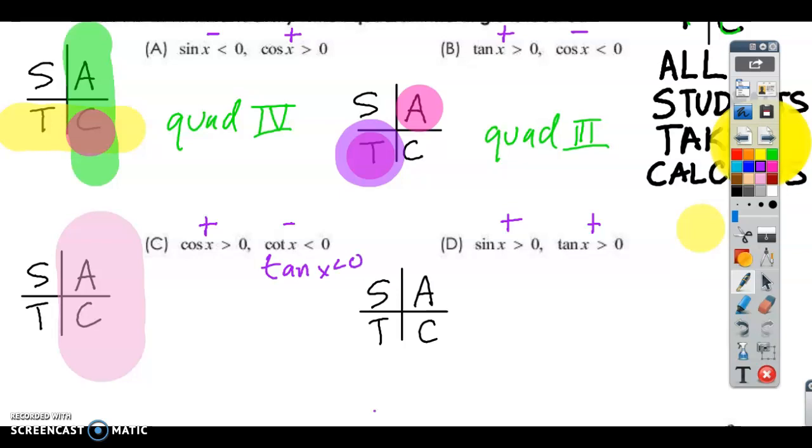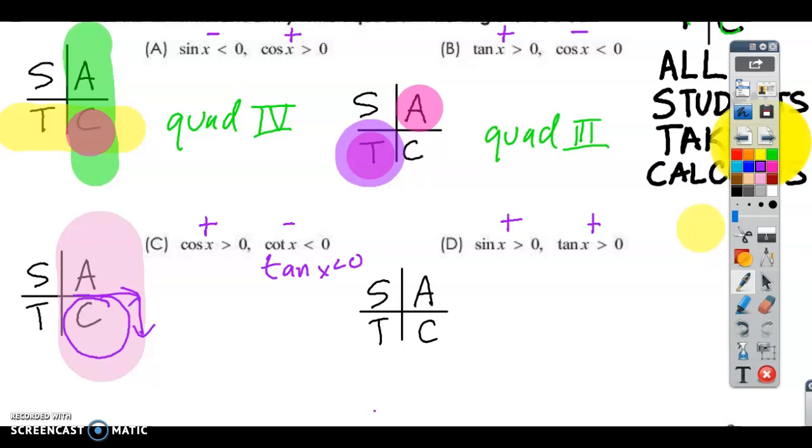That's going to be in quadrant 4, because in quadrant 1 the tangent is positive since both sine and cosine are positive. In quadrant 4, sine and cosine are different signs: sine is y, which is down, so negative, and cosine is x, to the right, so positive.